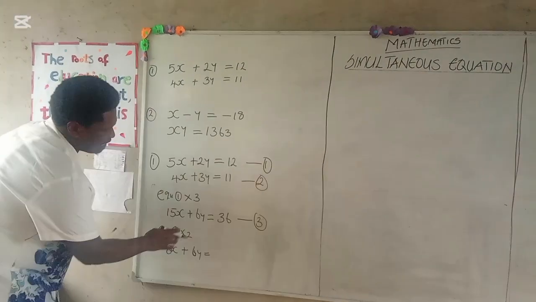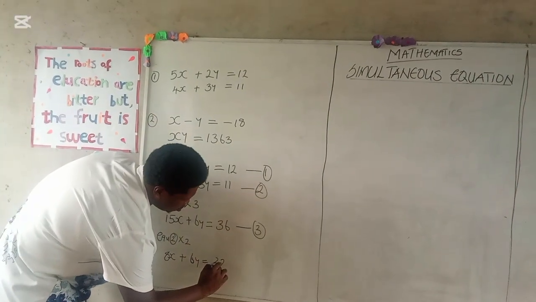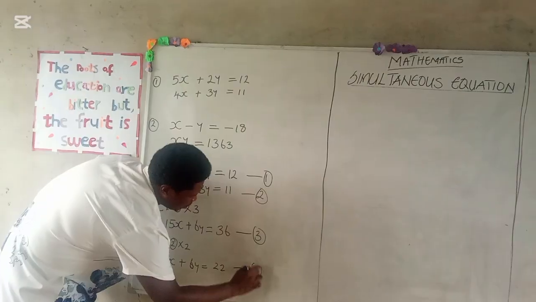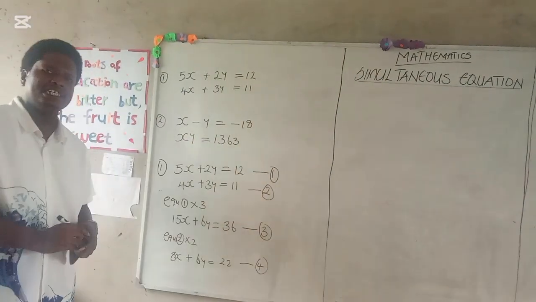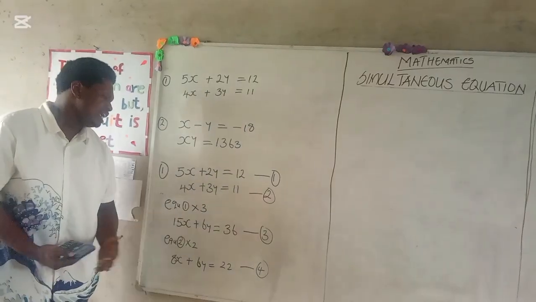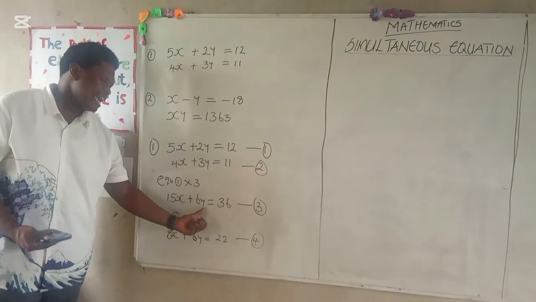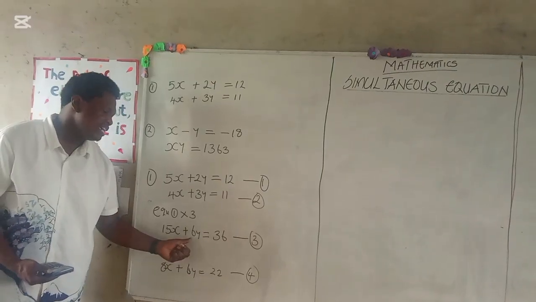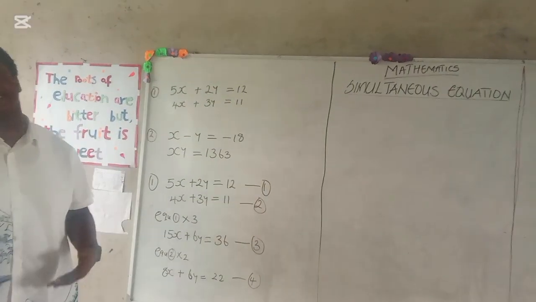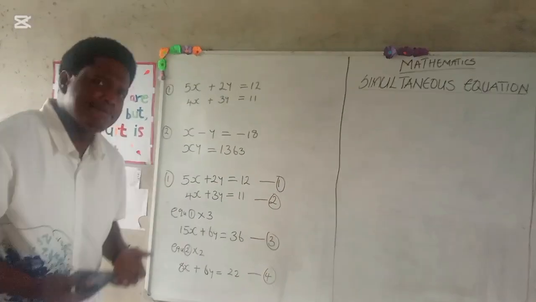And then 11 times 2, we have 22. And this becomes equation 4. So at this point, you see that the coefficient of y for equation 3 and the coefficient of y for equation 4 is 6. So at this point, I can eliminate.